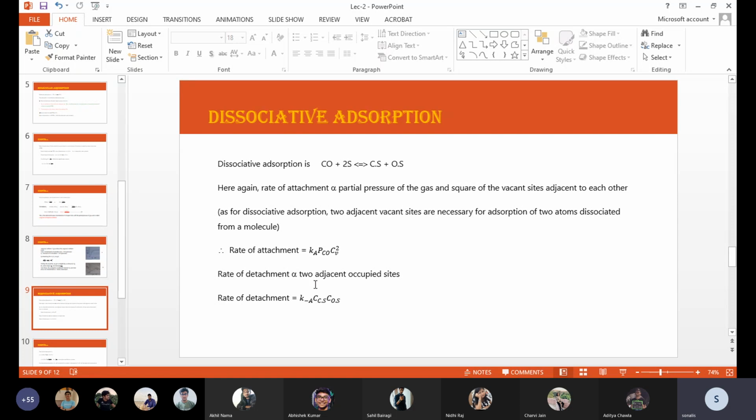The rate of detachment is proportional to the two adjacent occupied sites. Rate of detachment is equal to K of minus A CCS into COS. These are the occupied sites, so detachment is proportional to the occupied site concentration. There are two occupied sites, so CCS into COS.